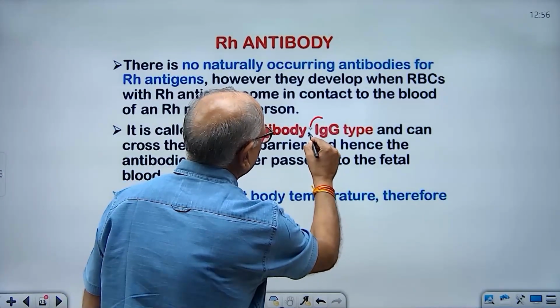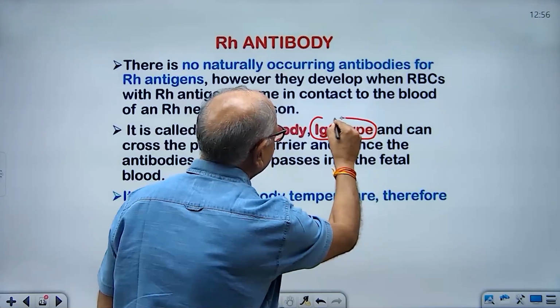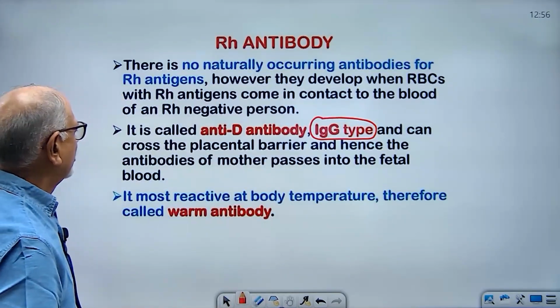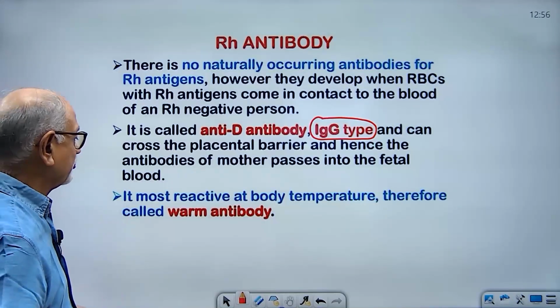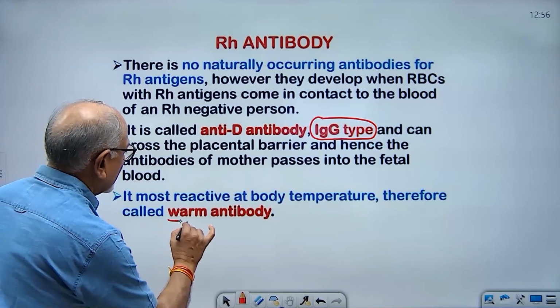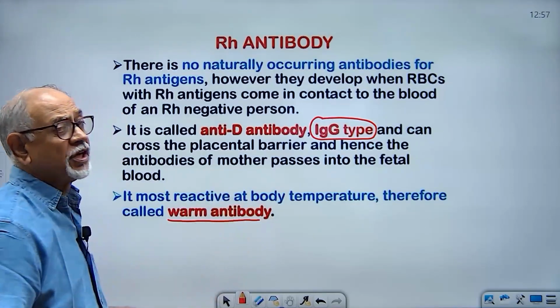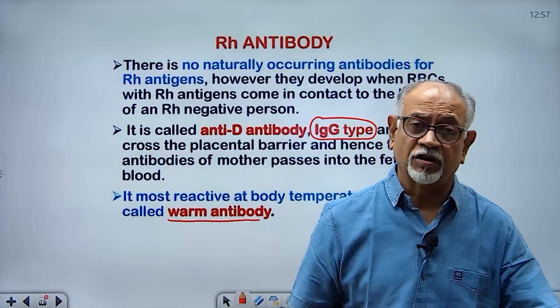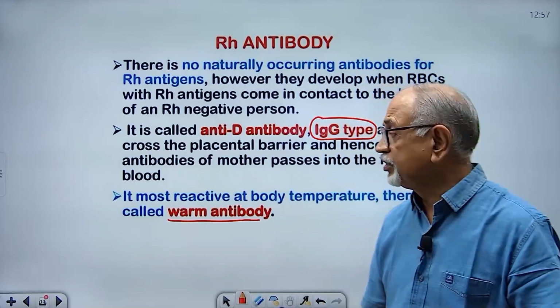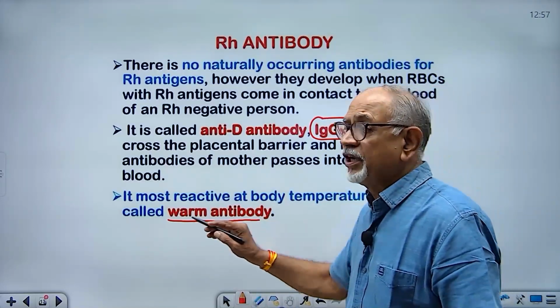It is an IgG type of antibody and it is most reactive at body temperature. As you know, our body temperature is constant. We are warm-blooded animals. So, this is called a warm antibody.